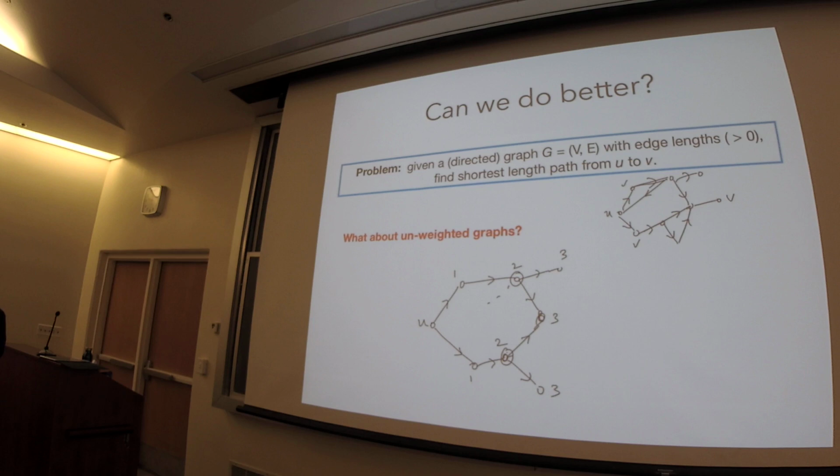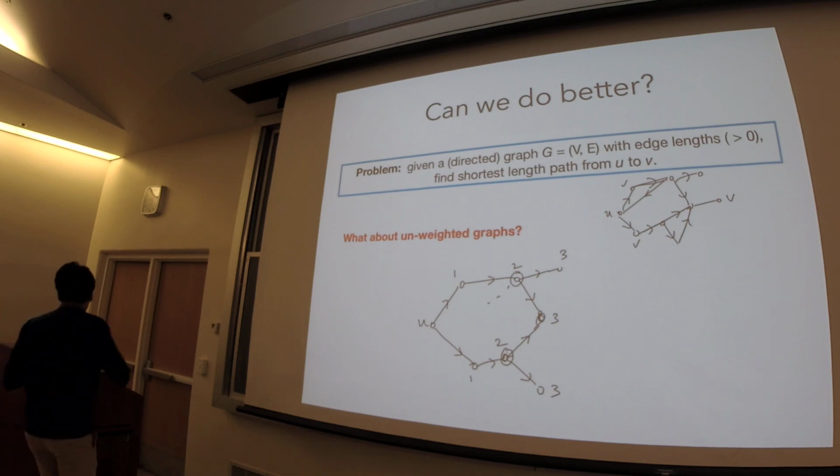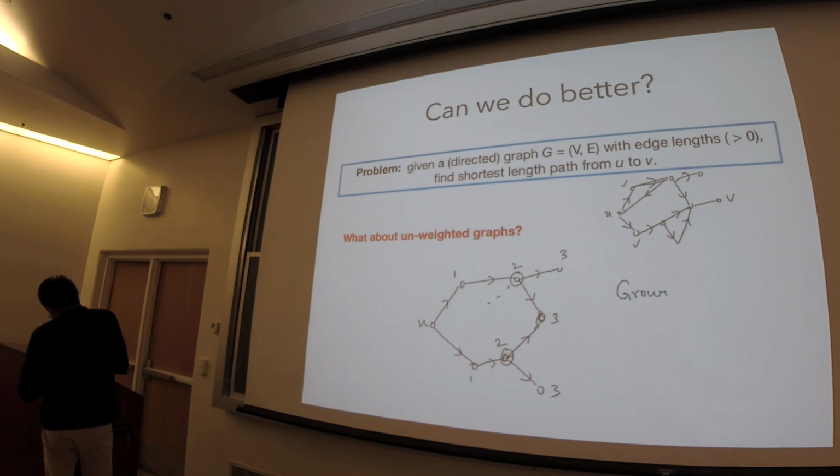Because it's just growing in some sense a region around your vertex of increasing radius.